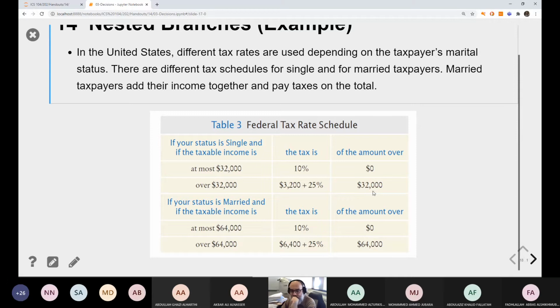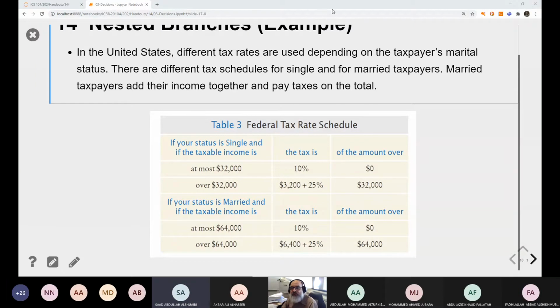Now, let me see if you understood this correctly or not. I need somebody to tell me, if someone earns 40,000 and he is single, how much does he pay for taxes? 5,200.